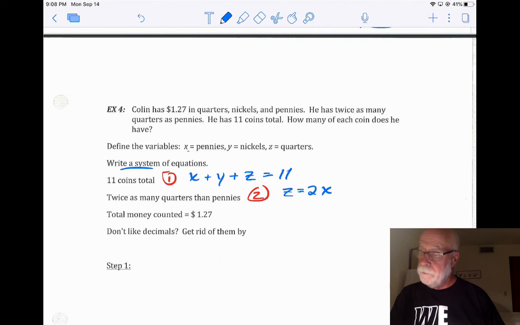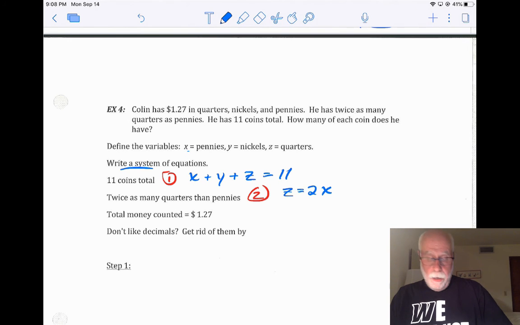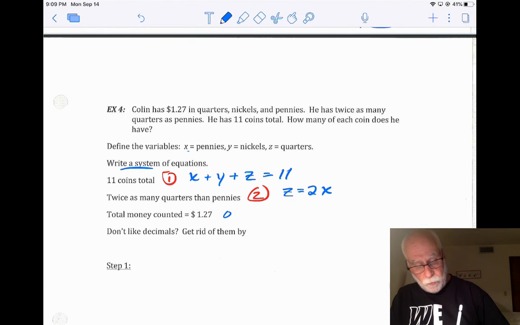All right. Now, on the last one, it's the total money counted equals $1.27. So again, I'm going to say a penny is worth 1/100th.